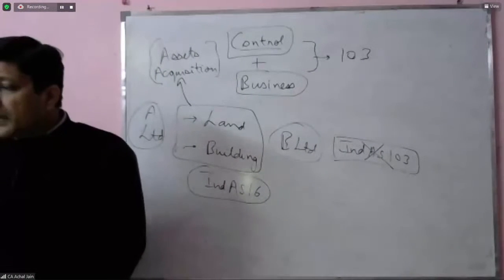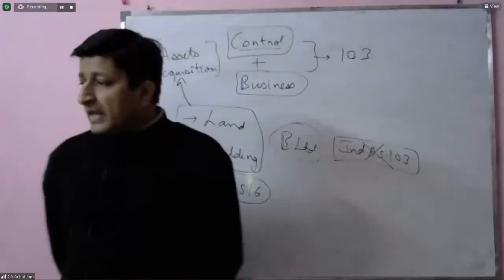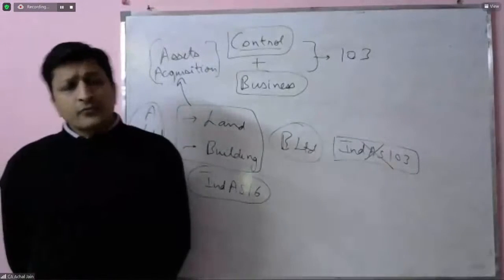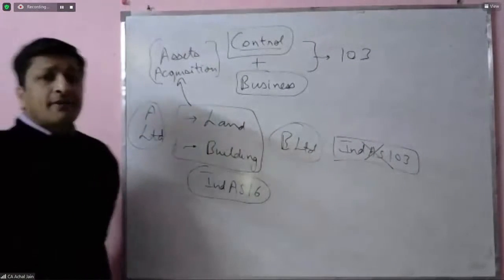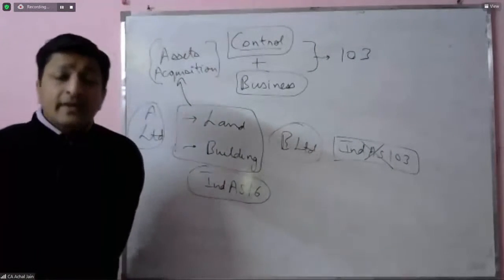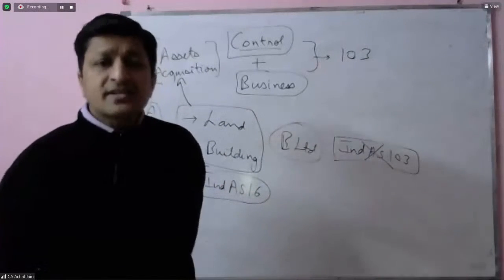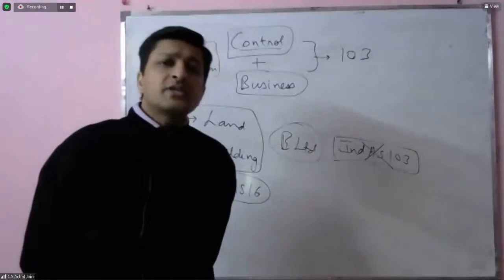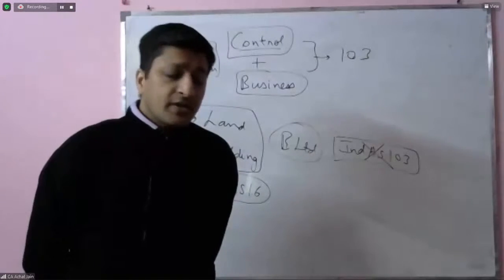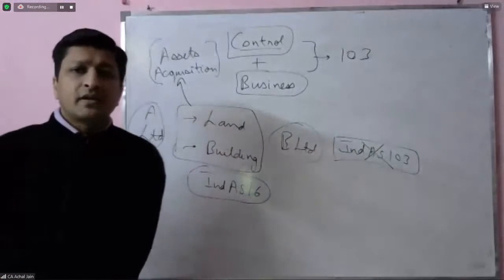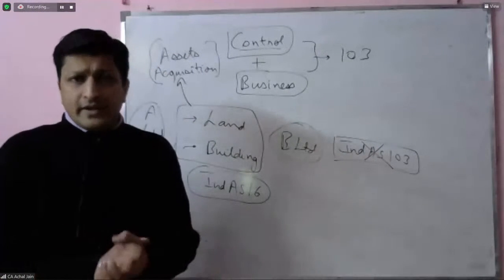Ambika is saying, sir, it may be as per Ind AS 2, like inventory, because it is a real estate developer. Of course, yes. It may also get covered under Ind AS 2 if that happens to be an asset which will be kept like inventory. So that will again depend on the intent.